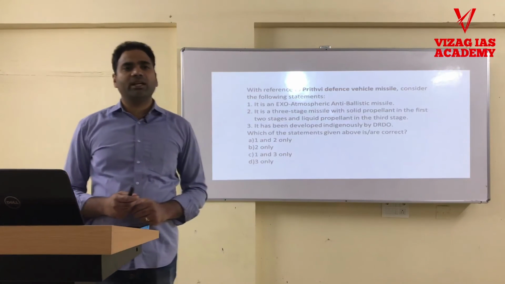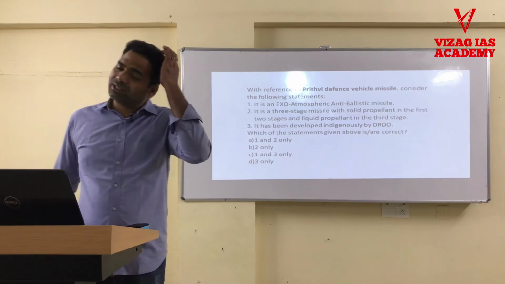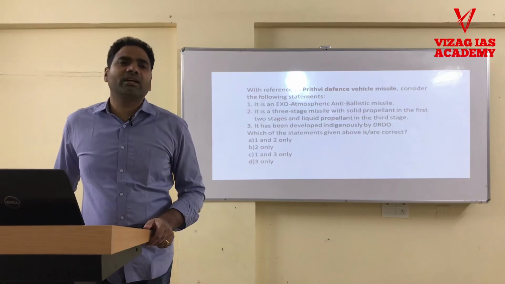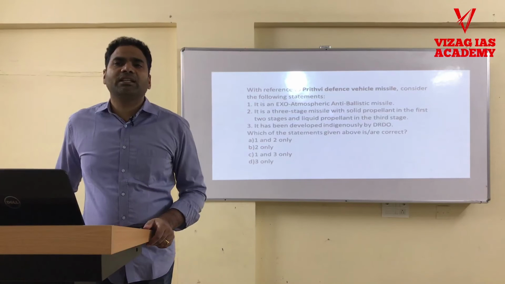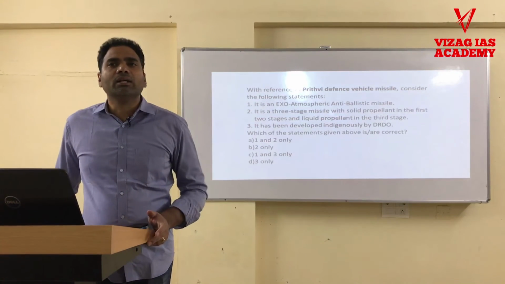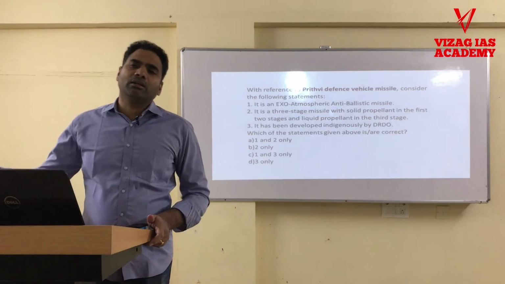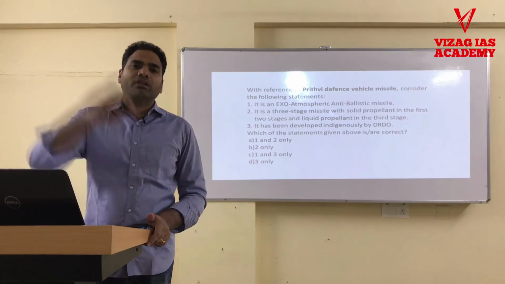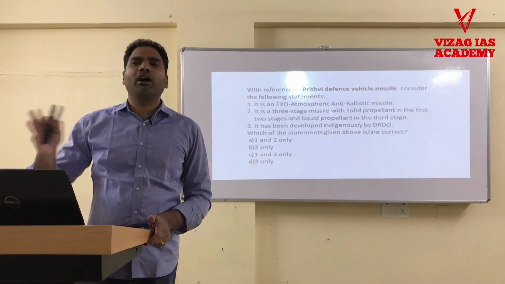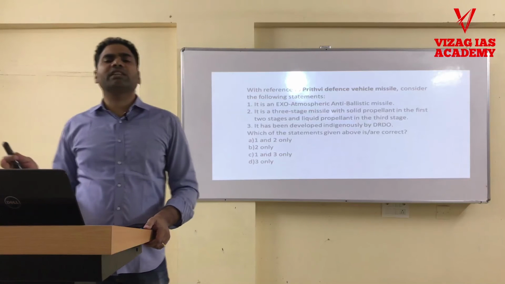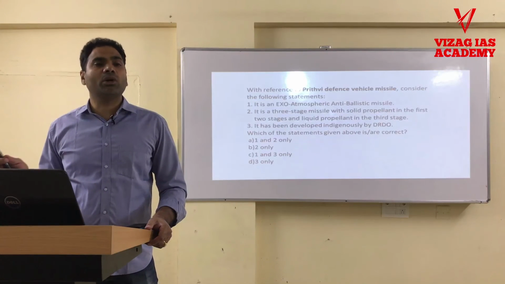Ballistic and cruise, I thought of discussing them in the later question on BrahMos, but see, in a ballistic missile, once the projectile is shot, the path traced by the projectile cannot be altered. So ballistic missiles can be countered with a counter ballistic missile.